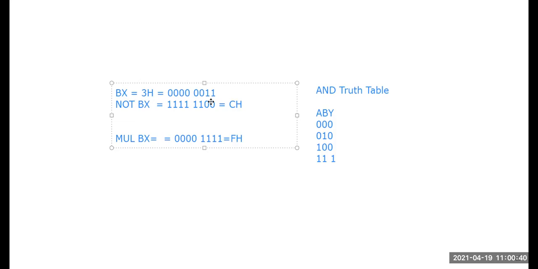In your exam, you may have to write this calculation of bx equals to this, then NOT bx equals to this. You may be asked to write this on your exam script.